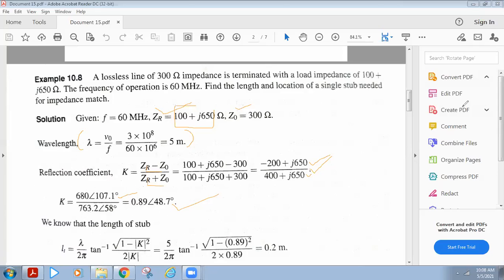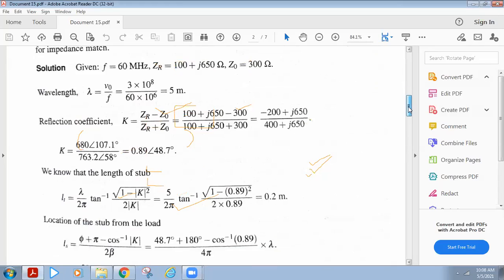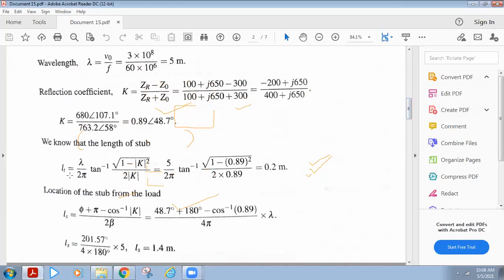We have not derived this expression, but you have already seen it. The length of the first stub is L1 equal to lambda by 2 pi tan inverse of the square root of 1 minus mod K whole square, by 2 mod K. For that purpose, lambda is calculated.